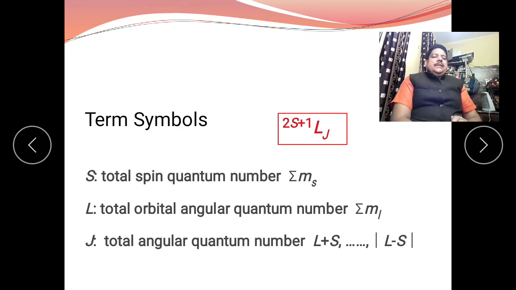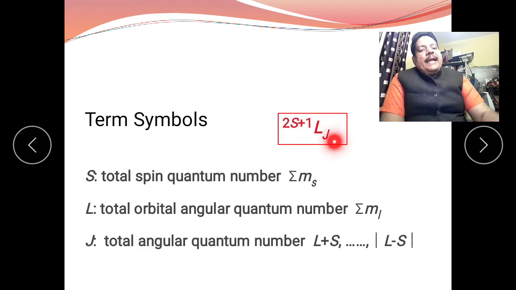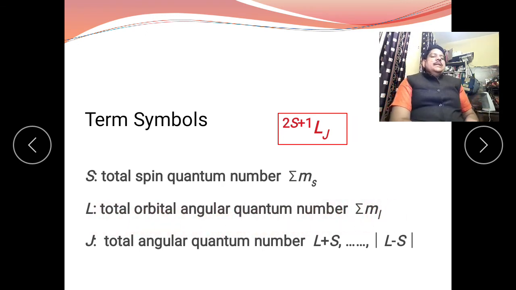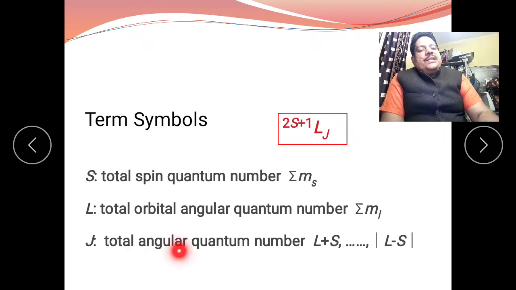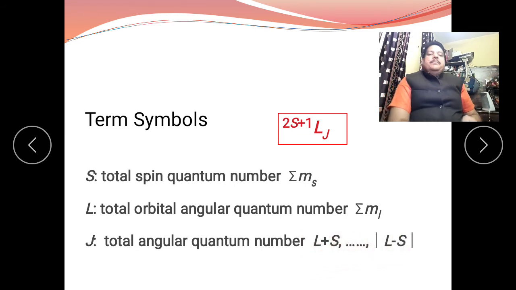Term symbol in fact represents an energy level to which more than one microstate belongs, and it can be represented as 2S+1 L_J, where S is the total spin quantum number, that is summation of ms, and L is the total orbital angular quantum number, that is sum of ml, and J is the total angular quantum number, that is L plus S to L minus S.